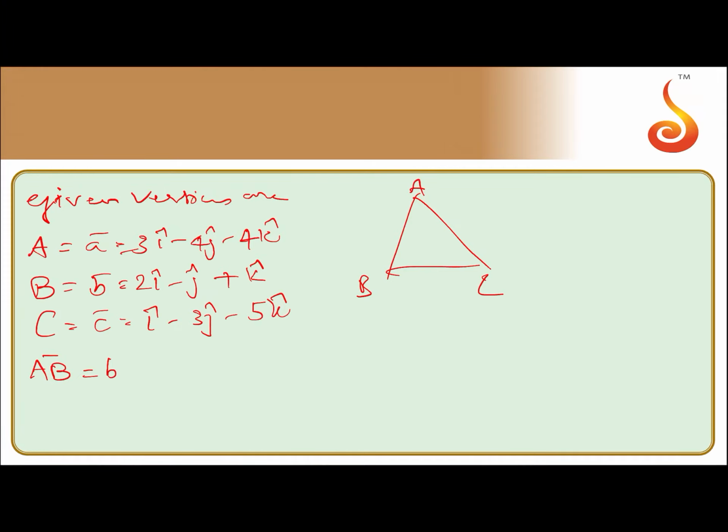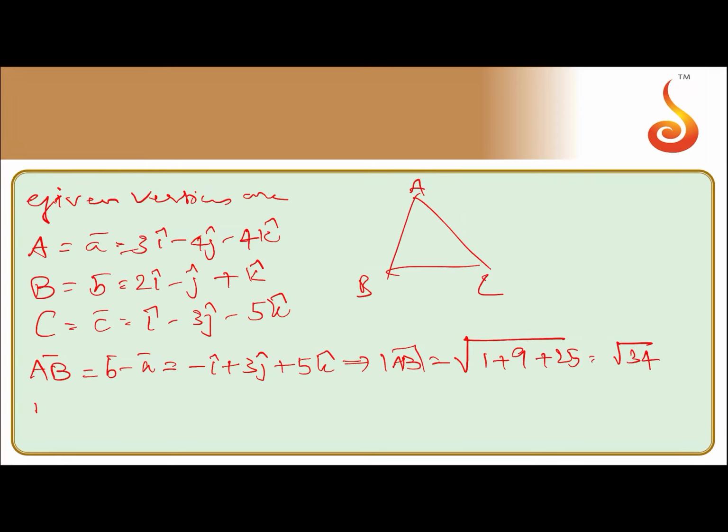AB vector is the position vector of B minus the position vector of A. AB is equal to minus i plus 3j plus 5k, and its magnitude is the square root of 1 plus 9 plus 25, which is root 34.